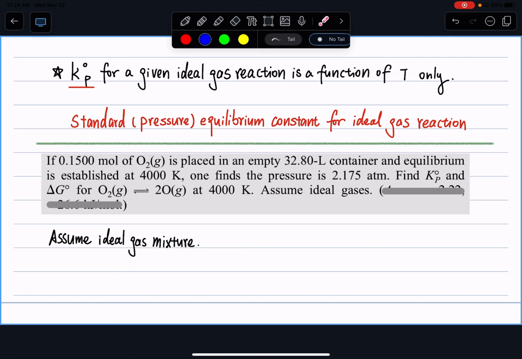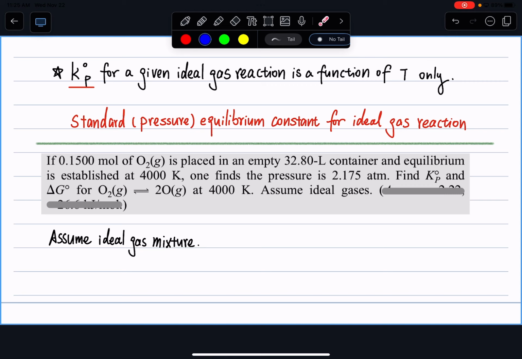So your chi equals 0.15 minus ξ over the total number of moles, which gives you your chi of O2 at equilibrium, times your total pressure, which is known to be 2.204 bar.